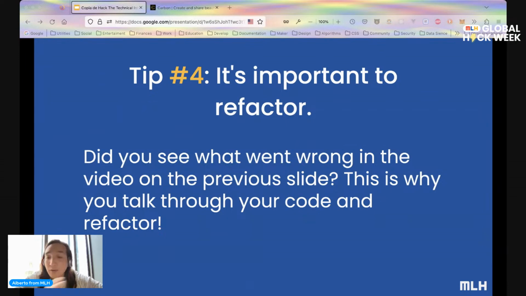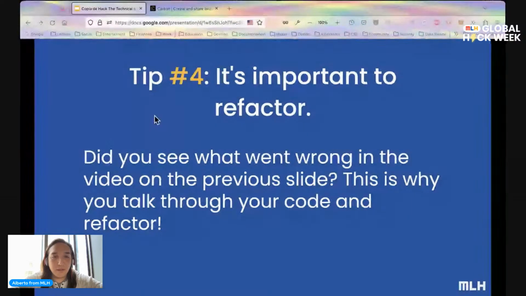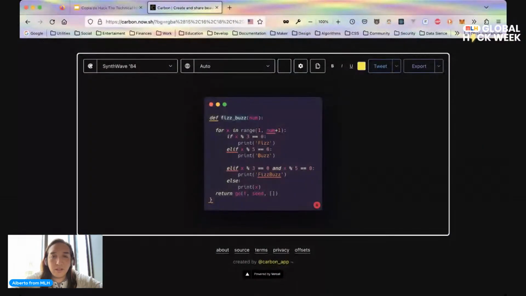Did any of you see what was wrong with the code? Let me share the code with you again. This is my code. How can I change it to have better performance? What can I improve in this code?